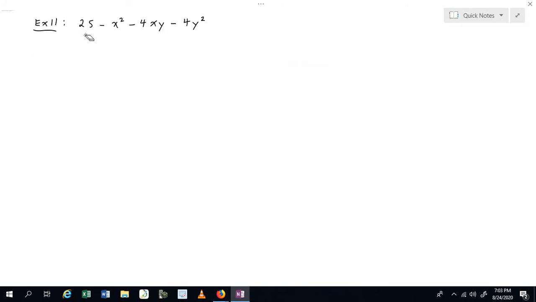Okay, so this one has 4 different terms in it. Okay, of course, the first thing we're going to do is factor out the greatest common factor, which happens to be 1, so there's nothing to factor out. And then it has 4 terms, so we're going to consider factoring by grouping. But it turns out that if you try to factor this by grouping, it doesn't work.